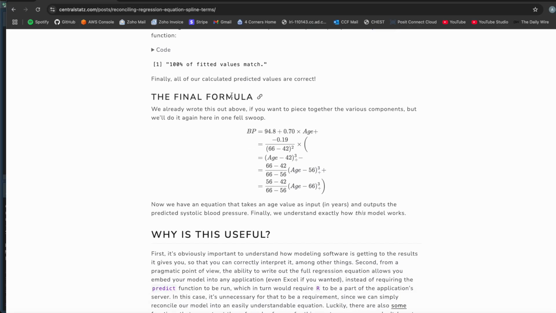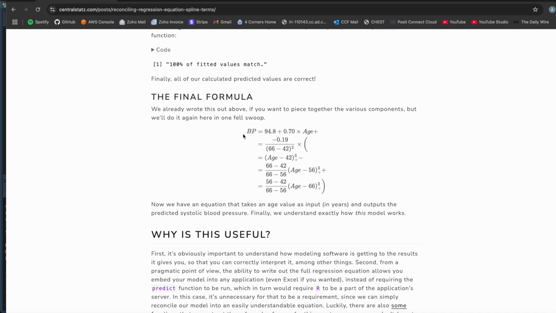Now we can write out the final formula again on the scale of age, where blood pressure is equal to 94.8 plus 0.7 times age, plus this parameter estimate from R divided by the normalization factor times this complex spline transformation of these truncated power bases.